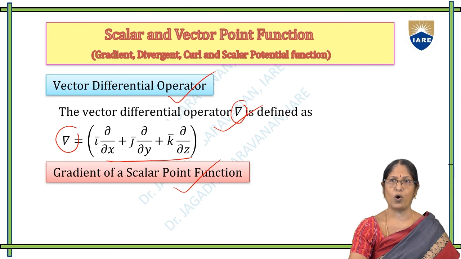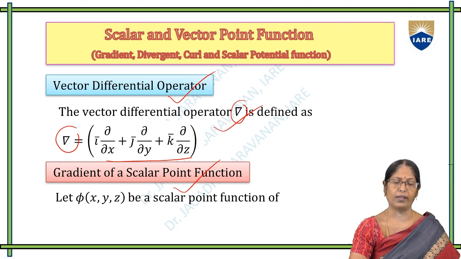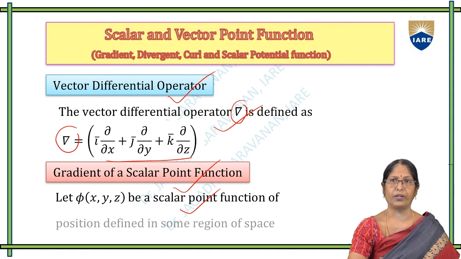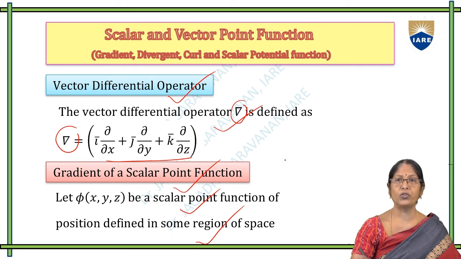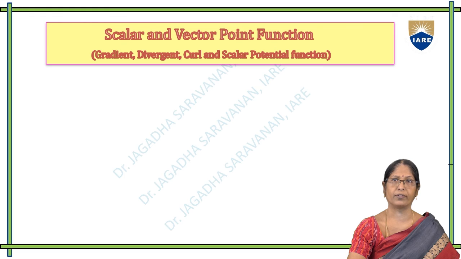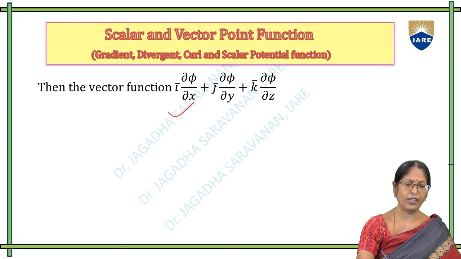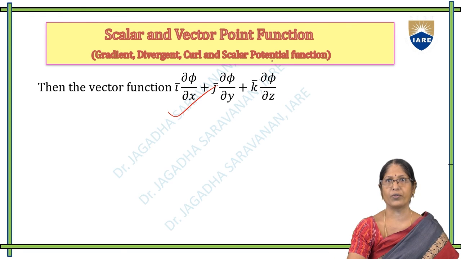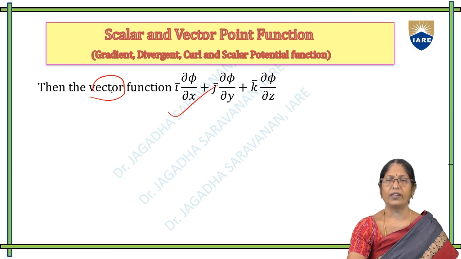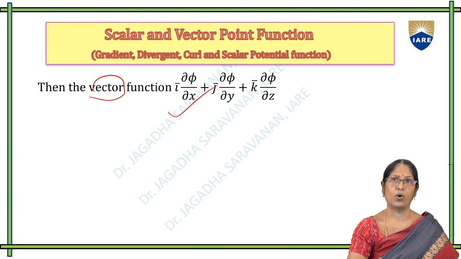Let φ(x, y, z) be a scalar point function of the position, which is defined in some region of space. We can see here the vector function: it has not only magnitude, it has direction also.